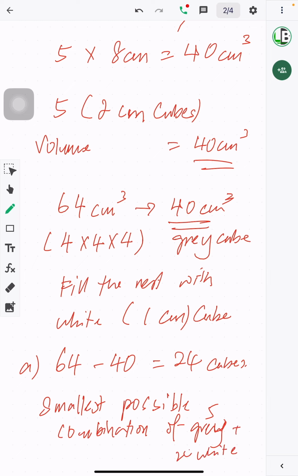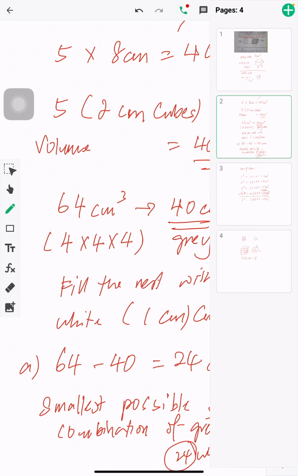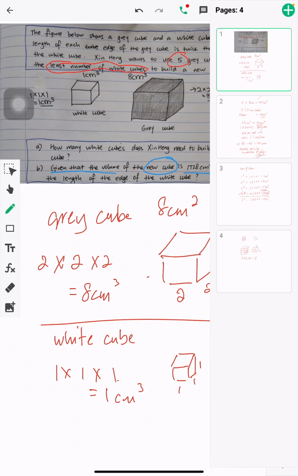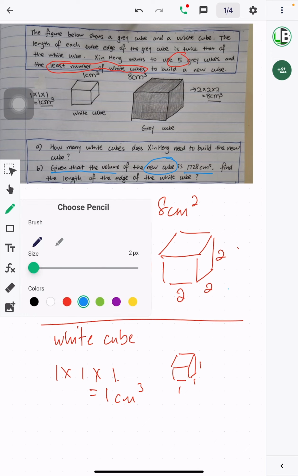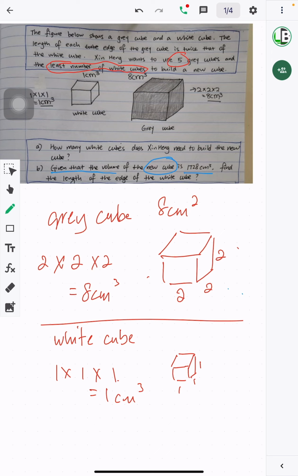So it's always 5 gray plus 24 white. So we found out it's 24 white. Okay, then the question says that the new cube, let's use the blue color, the new cube is this volume.